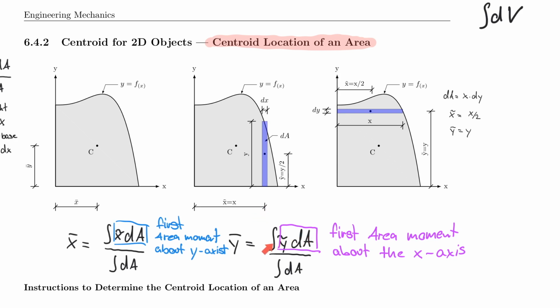So let's take a look at this part here now. If I take this area element and rotate it about the x-axis, then I have to use y tilde as a lever arm. So that's why it is the first area moment about the x-axis. And I think that concludes that component.